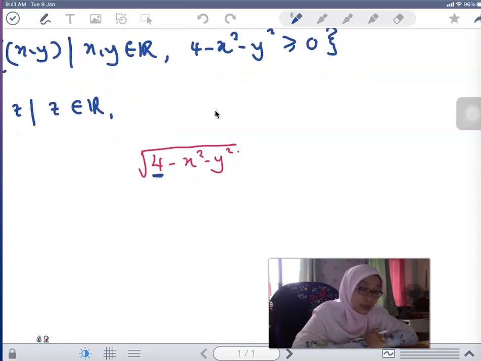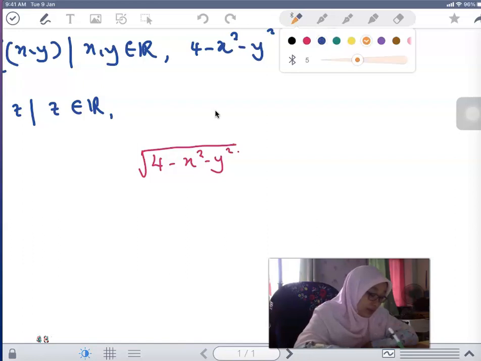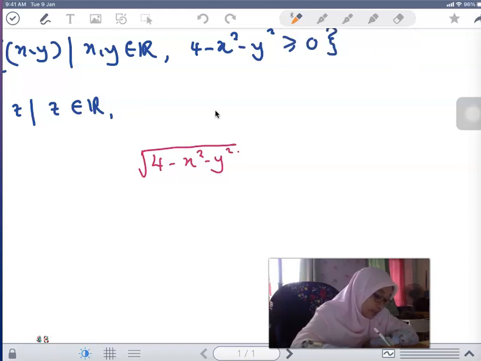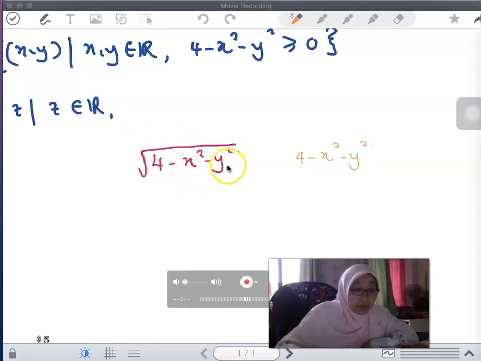Now in order for us to investigate what the interval value of z is, we use the same technique as I explained in the last video. Here we know that 4 minus x squared minus y squared will give you some values, right? But we want to see what the possible values are in the square root. So now we want to investigate further.